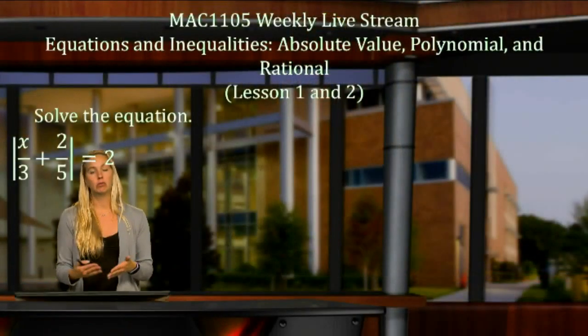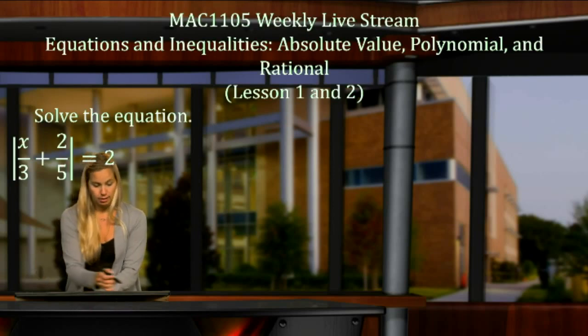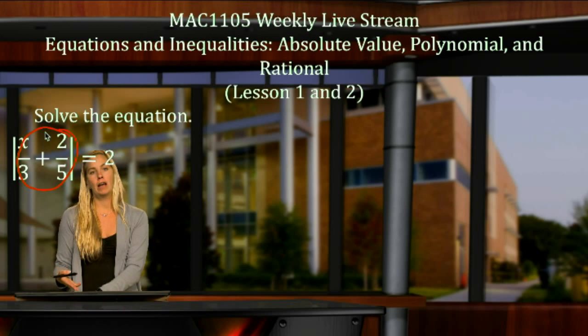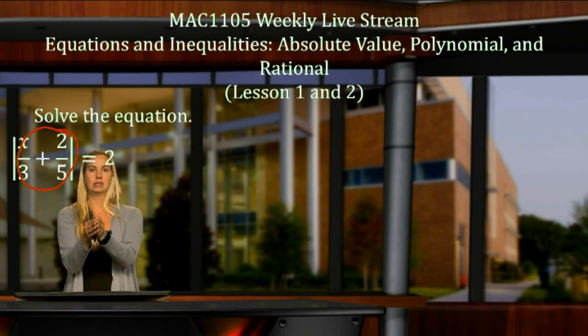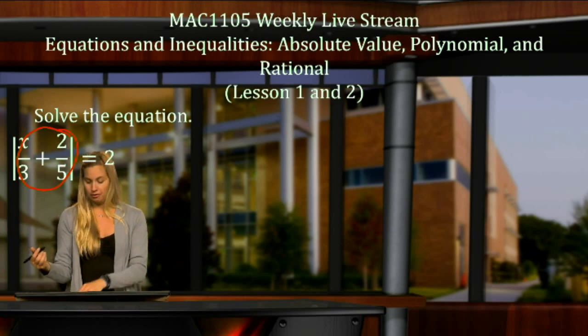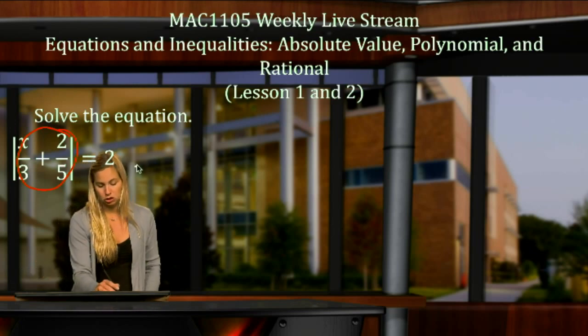So this statement tells me that this thing inside the parentheses is exactly 5 units from 0. Since the direction doesn't matter, I can be 5 units to the right or 5 units to the left. So I could be positive 5 or negative 5, which sets up my two equations.